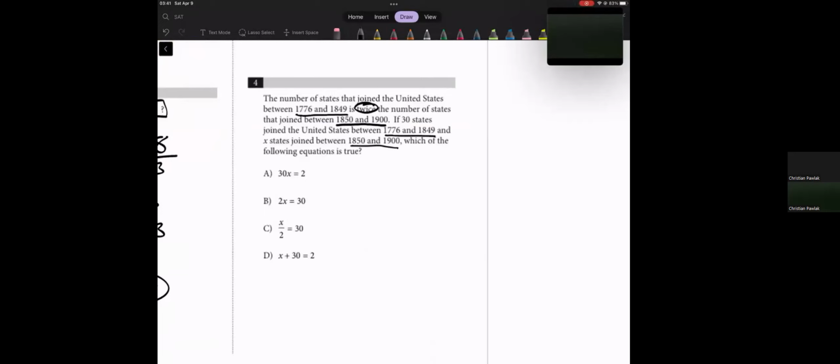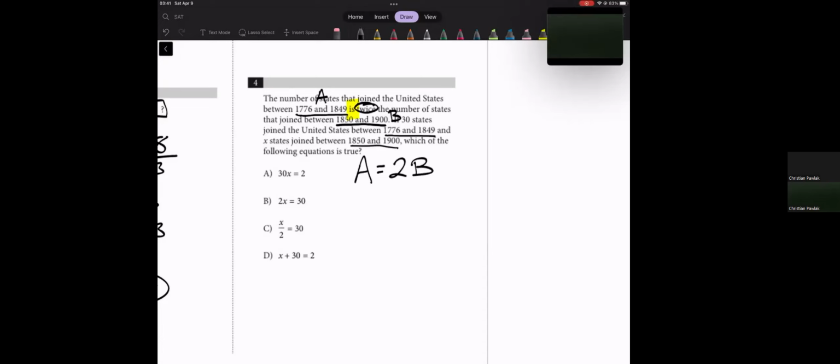So in 1776, we're going to call that time span A. And in 1850 to 1900, we're going to call that time span B. And the amount in A is, keyword here is, 2 times what is in B. Okay.